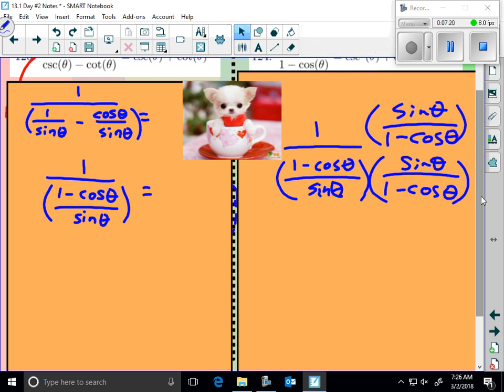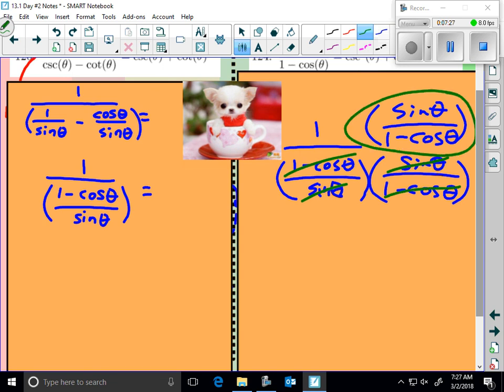And when you multiply by the reciprocal, the denominator cancels, and this is what I would get. So I flip the denominator and put it in the numerator, multiply it by the number up there. So what we've got here now is sine theta over 1 minus cosine theta.